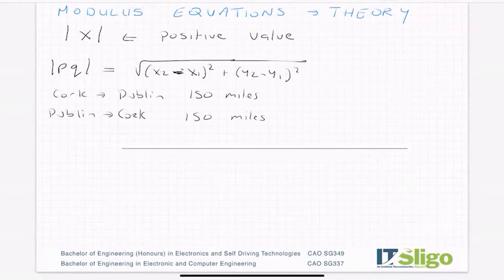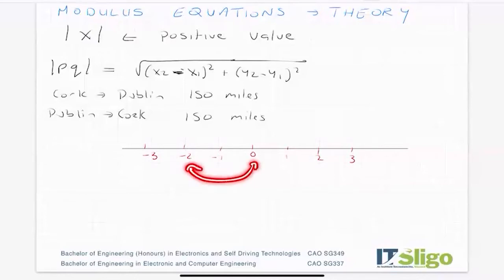It's a bit like if you had a number line. And on your number line, you had 0, 1, 2, 3, minus 1, minus 2, minus 3. If I asked you the distance between 0 and minus 2, you would tell me that was a distance of 2. In the same way, if I asked you the distance between 0 and 2, you would tell me that was a distance of 2.